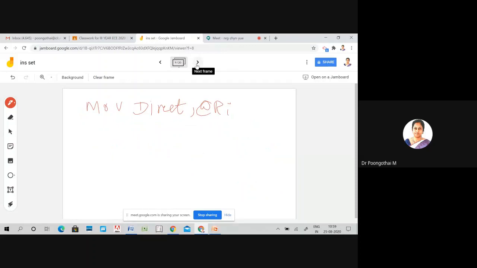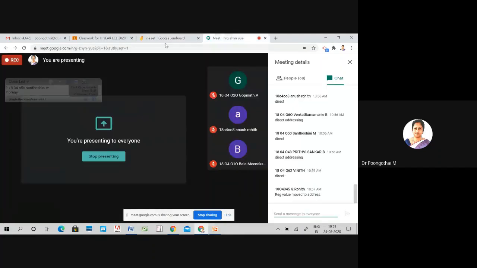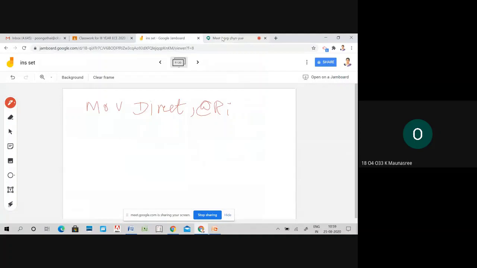Next one, MOV direct, @Ri. What is the purpose of this instruction? The register value will be stored in that internal memory.